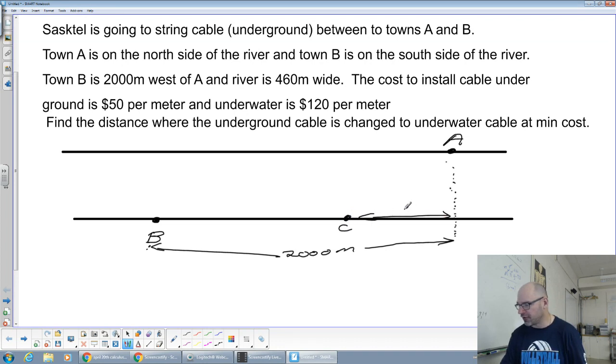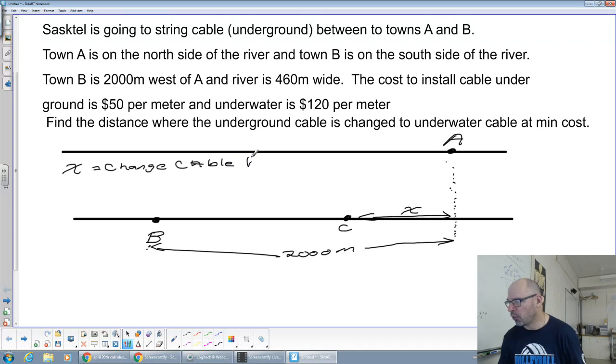Let's call it X. So let's say that X is the distance. X equals where they change the cable from underwater to underground.